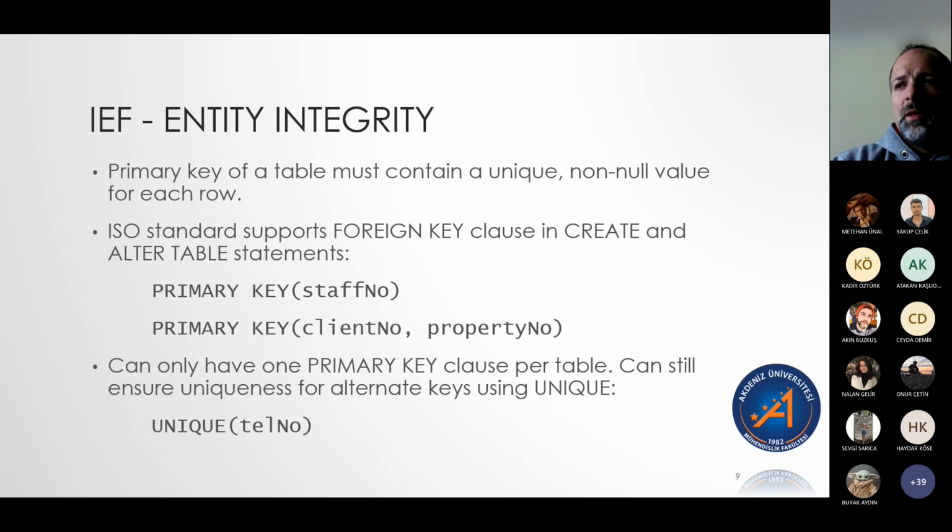Now, in the two-column version here, this does not mean that the client number cannot be repeated. This does not mean that the property number cannot be repeated. What this means is that the combination of a client number and a property number cannot be repeated.